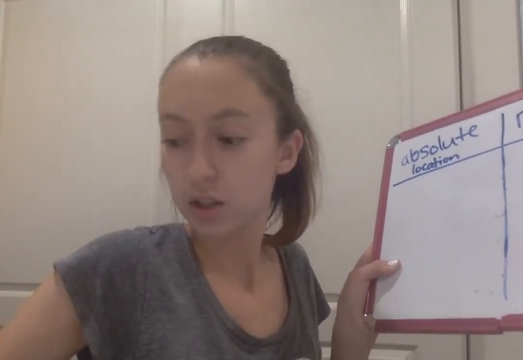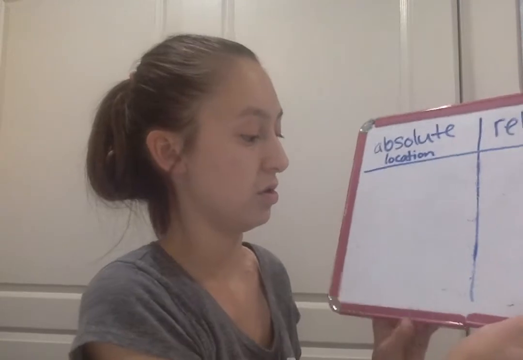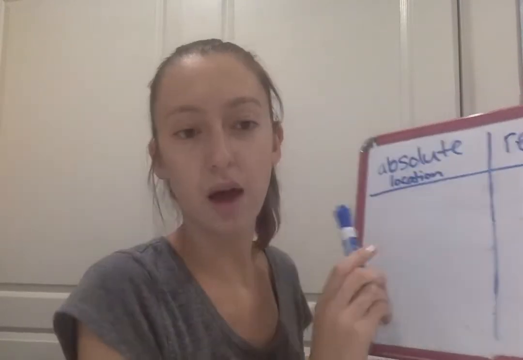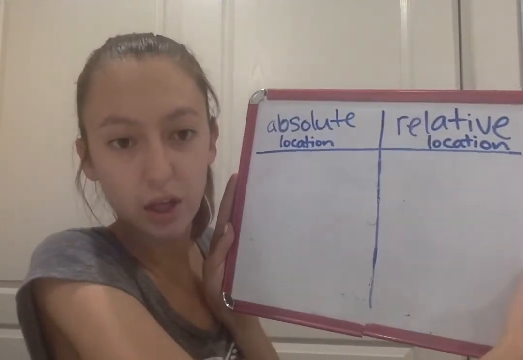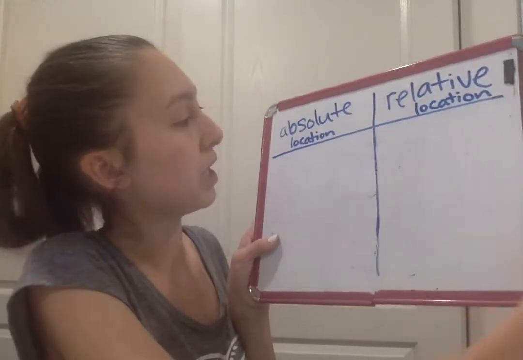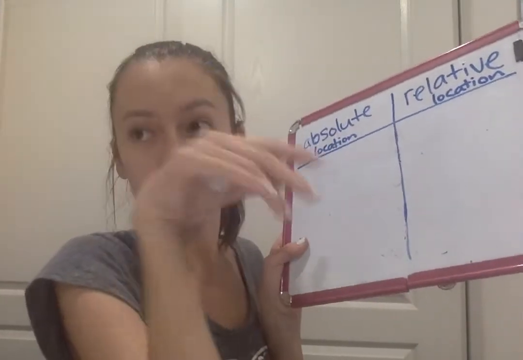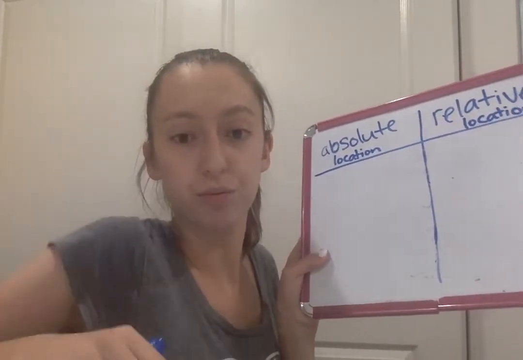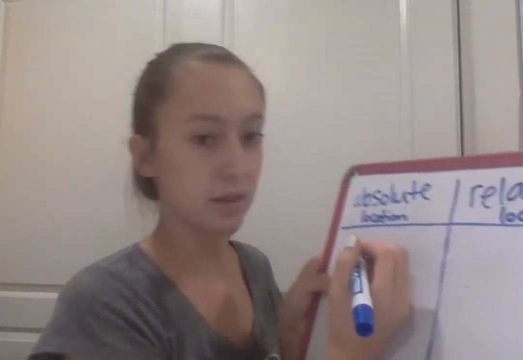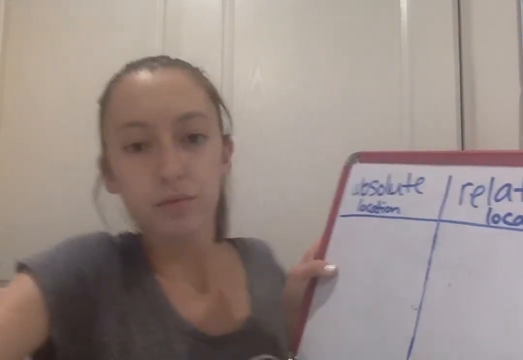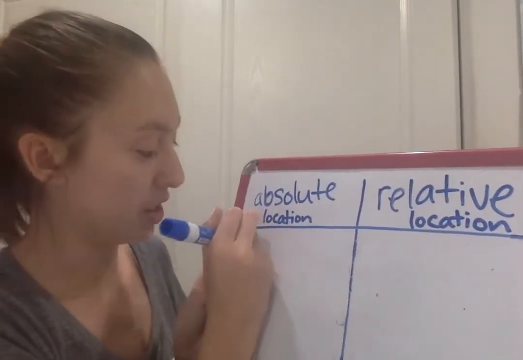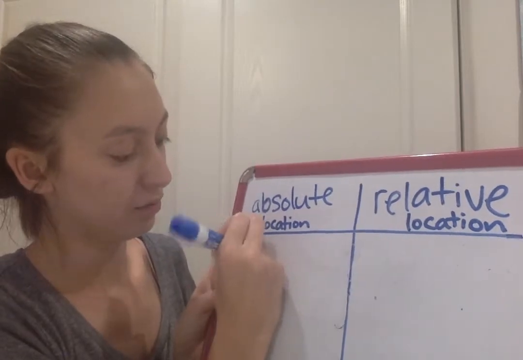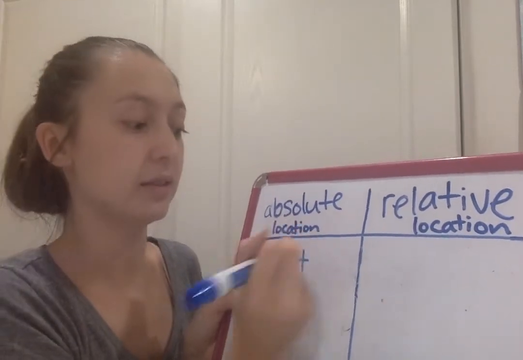All right. So now that you have this chart written out in your journal, can someone tell me, we're going to take turns raising hands. Tell me something about absolute location that we know. All right, so absolute location is exact.